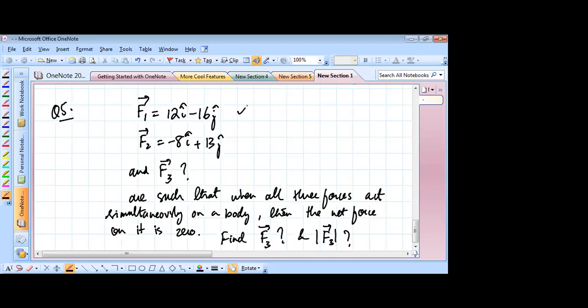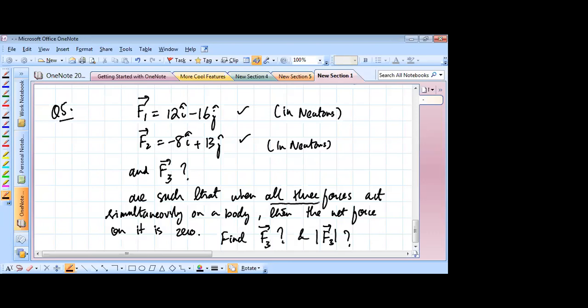F1 and F2 are two known forces. Okay, suppose they are given to us in newtons. Okay. So that means each of the components is actually in newtons. So F2 has an x component of minus 8 newtons and a y component of plus 13 newtons, and like that F1.